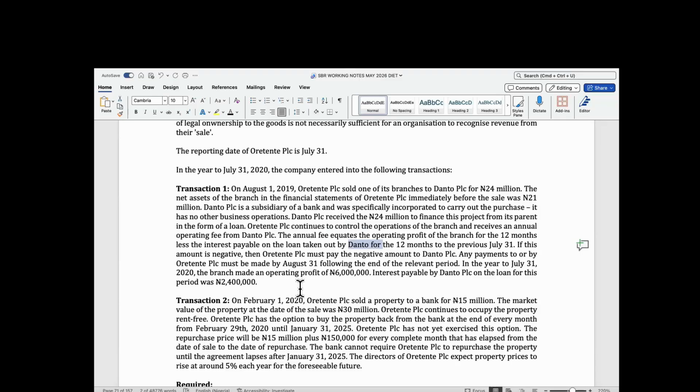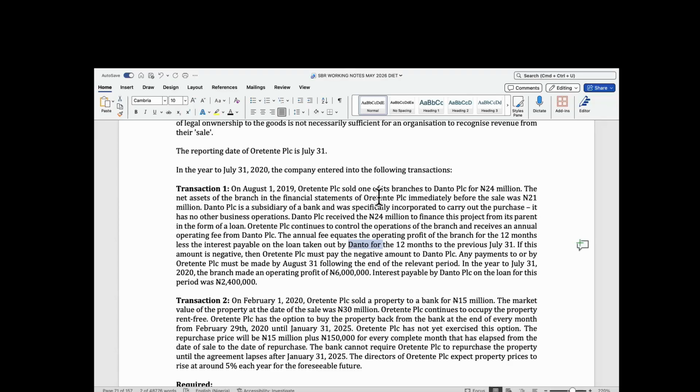So from all of this, the key thing is that in the sale of the branches, it is clearly seen that control has not been transferred, because Oriente still controls the branches, still the one that manages the operations of the branch. Even though they are paying it money for that, it's still the one managing the operation.